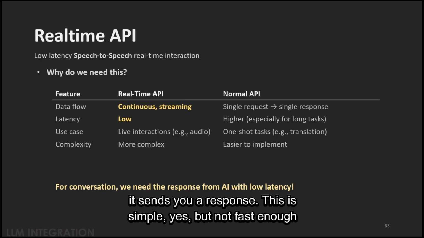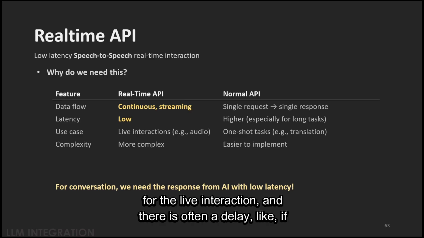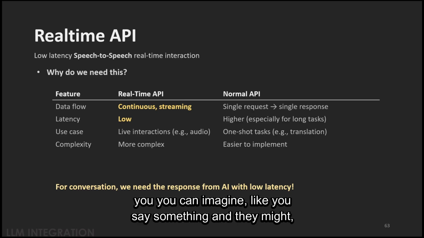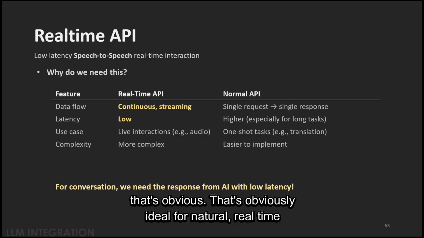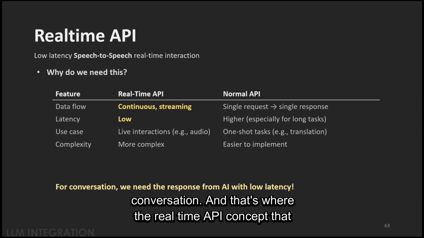This is simple, yes, but not fast enough for live interaction. There is often a delay. Imagine you say something and then maybe have to wait 30 seconds for a response. That's obviously not ideal for natural real-time conversation.